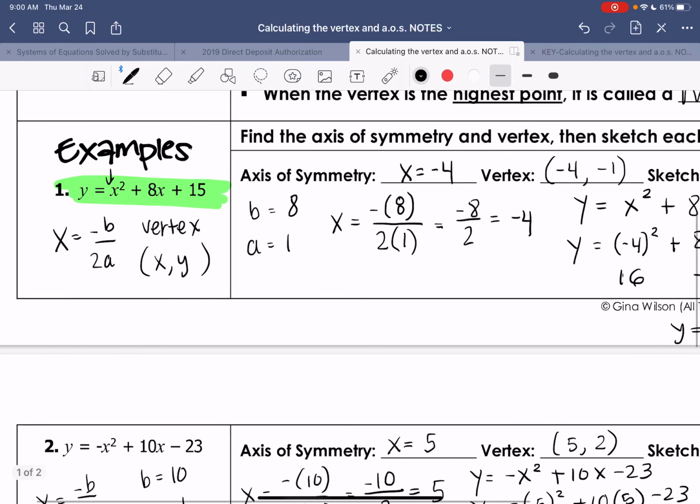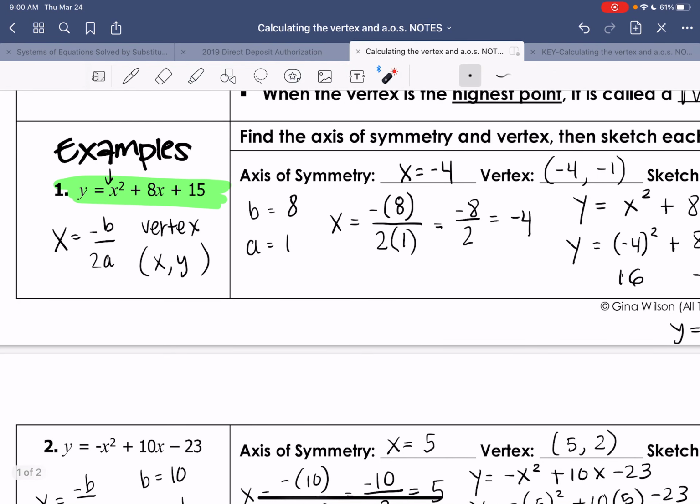All right, so we got a vertex of -4, -1. So in our formula here, we're going to substitute every value. So y is no longer y, it is -1. And our x is no longer x, it is -4.